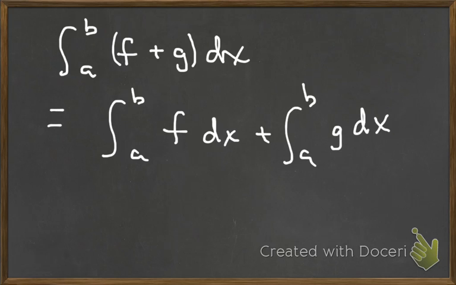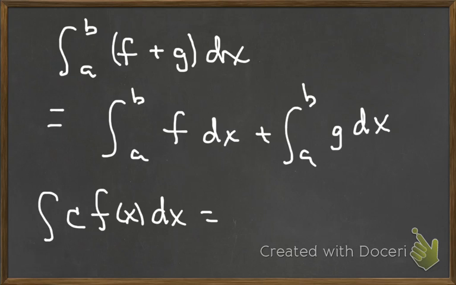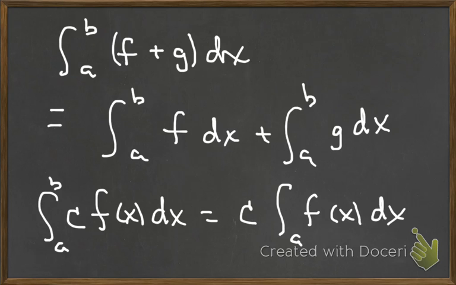So you can split them up. Similarly, the integral from a to b of a constant times f of x dx is equal to the constant times the integral from a to b of f of x dx.